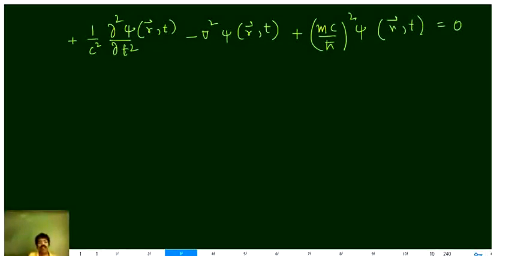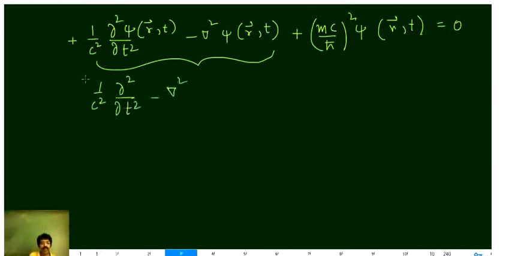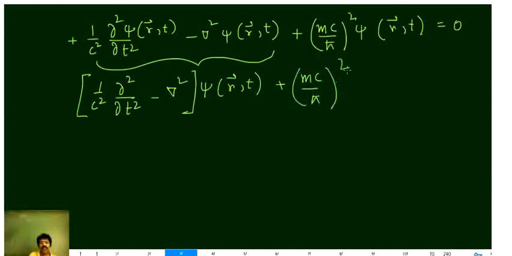Now you see that this is the D'Alembert operator operating on psi. So it's 1 by c square del 2 del t2 minus del square operating on psi(r,t), plus mc by h cut whole square psi(r,t). This is equal to 0.